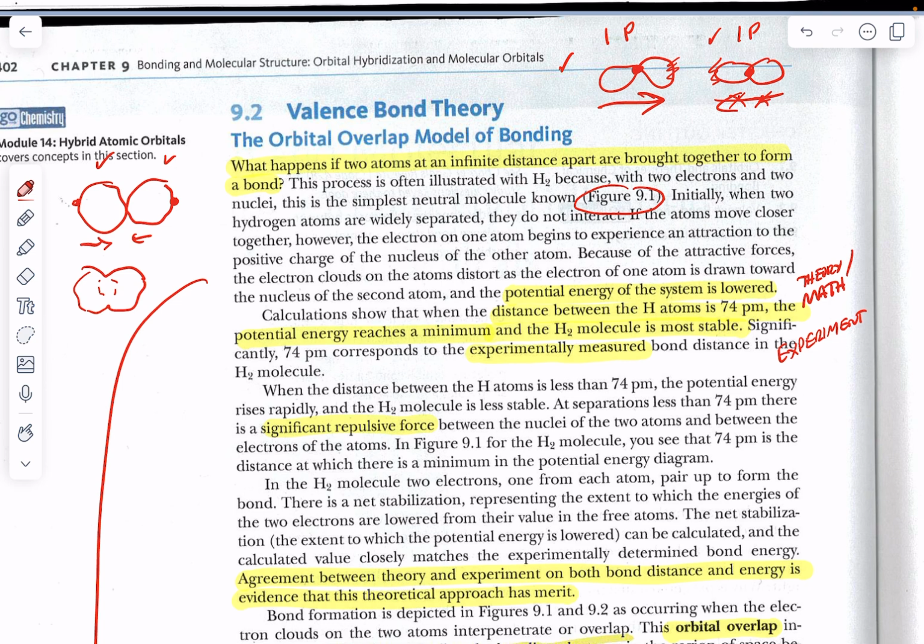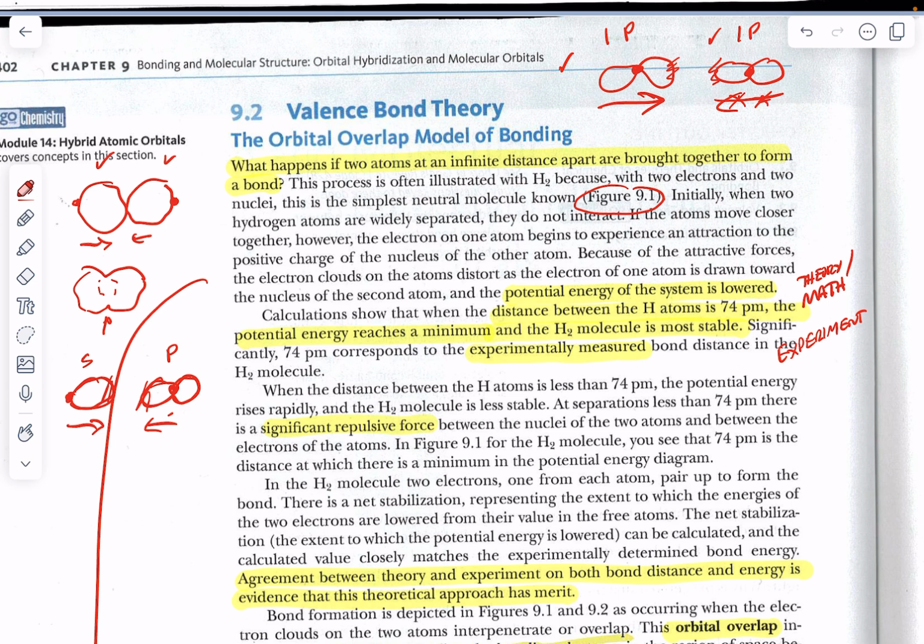We could also do something like this. We could take a balloon representing an s subshell and another pair of balloons representing a p subshell, and we can bring them together. And when we push these two orbitals together, my s orbital represented by one balloon, my p orbital represented either by two balloons or one long balloon squeezed together in the middle, and we bring them together so that this part and this part are pushed together, kind of like we did up here.